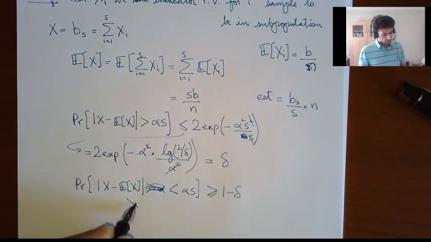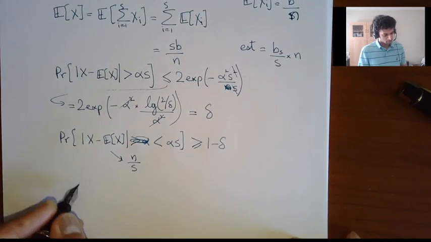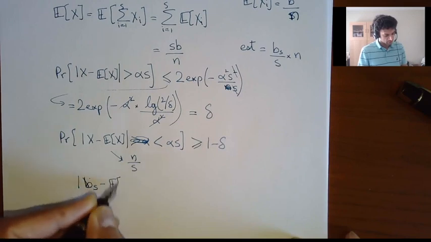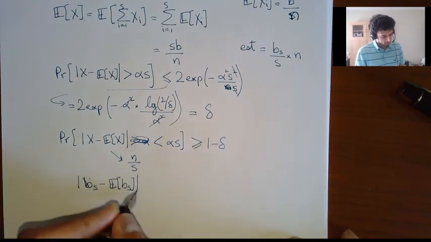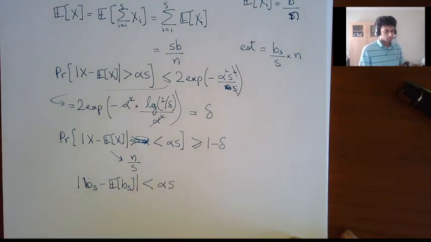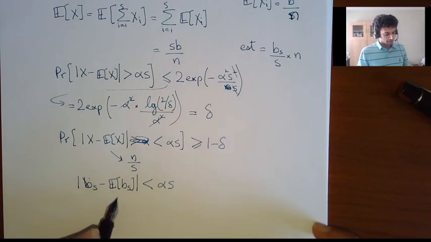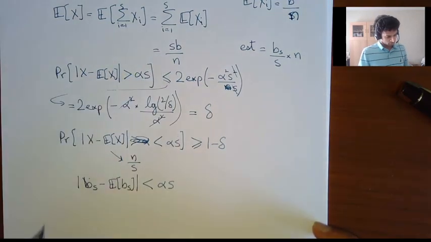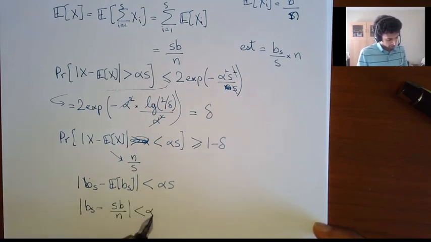Now let me just multiply the entire expression by n divided by s. Remember, x was b sub s minus the expected value of b sub s, which is less than alpha times s. The expected value of b sub s is over here, so I just write this as b sub s minus sb divided by n less than alpha times s.